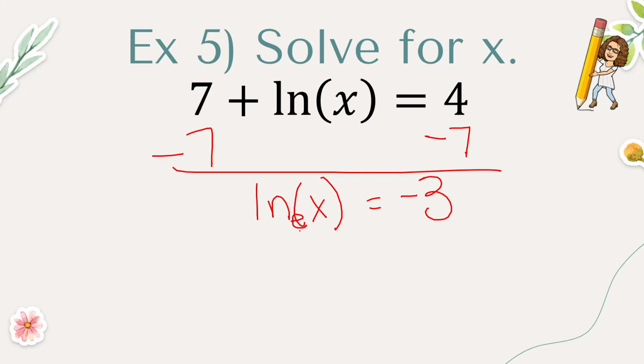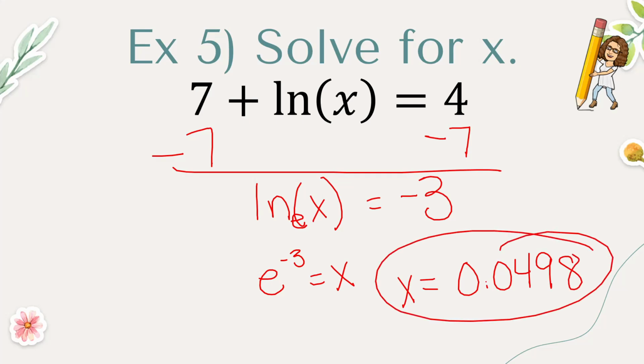So that is the base of every natural log. So I'm going to go e to the negative 3. It's going to give me my x. And using my calculator, e to the negative 3 is, to 4 decimal places, 0.0498, roughly. That is not negative. It is not 0. So I got my answer right there.